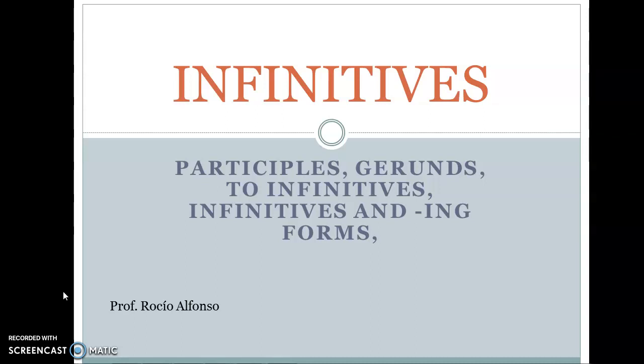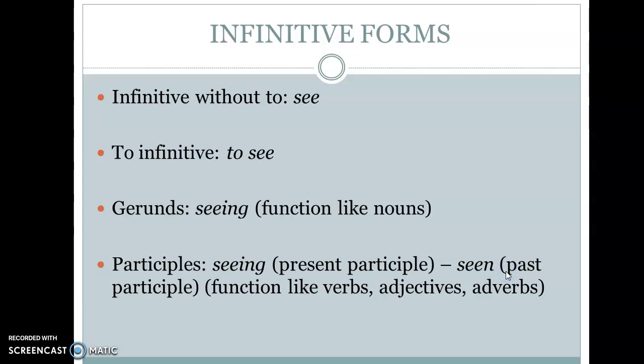Today we are going to deal with non-finite forms: participles, gerunds, to infinitives, infinitives, and ing forms. Let's start by having a look at which type of infinitival forms we've got in English.